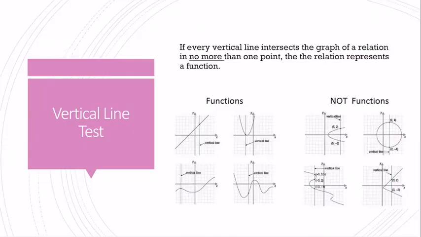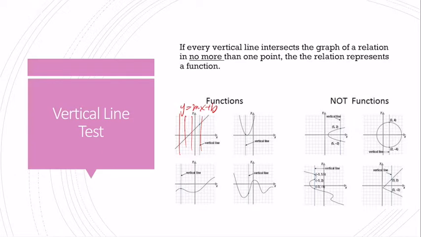One way to test if something is a function is if every vertical line intersects the graph of a relation in no more than one point, right? So if it passes the vertical line test. So for example, all lines of the form y equals mx plus b are functions.